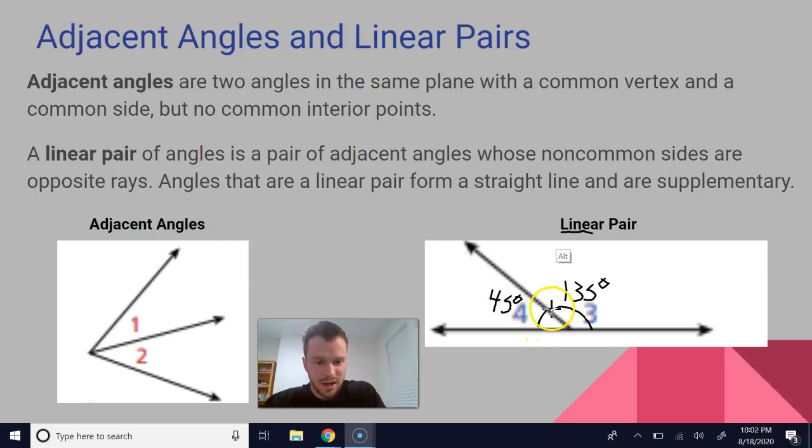So do you see how those two arcs that I drew form a semicircle? A semicircle is a half circle. And a full circle is 360 degrees. So 360 divided by 2 would give us 180 degrees. So a linear pair, those two angles will be supplementary.